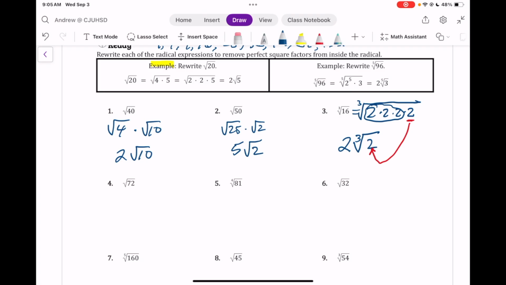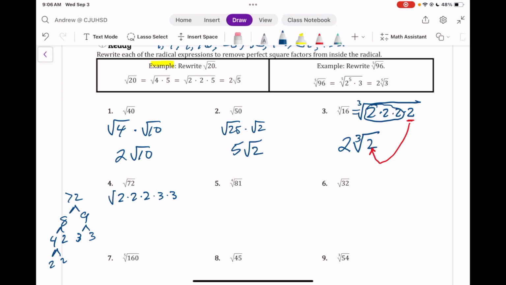Let's do number 4. So 72, if I can't figure out what the number is, I can break it down with this factor tree. I know that's 8 times 9, and 9 is 3 times 3, and 8 is 4 times 2, and 4 is 2 times 2. So as prime factors, it would be 2, 2, 2, 3, 3.